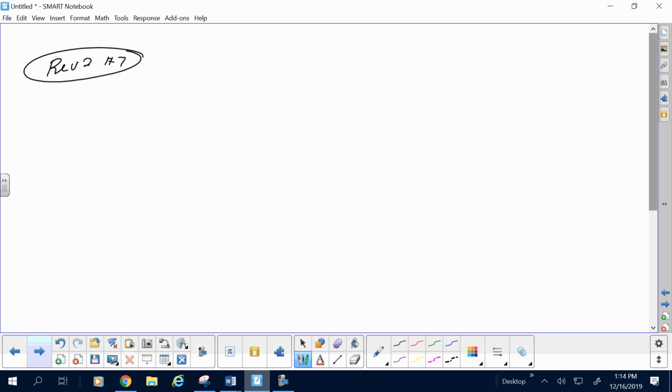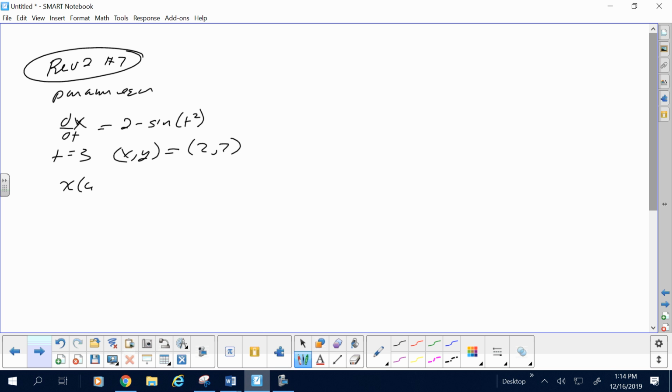You've got parametric. They give you dx dt. At time equal 3, position is 2, 7. What is x at time 6?